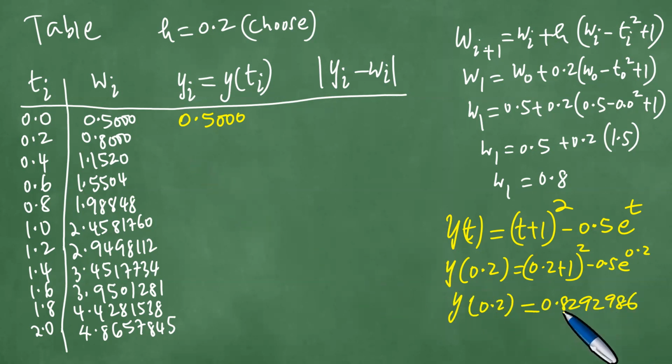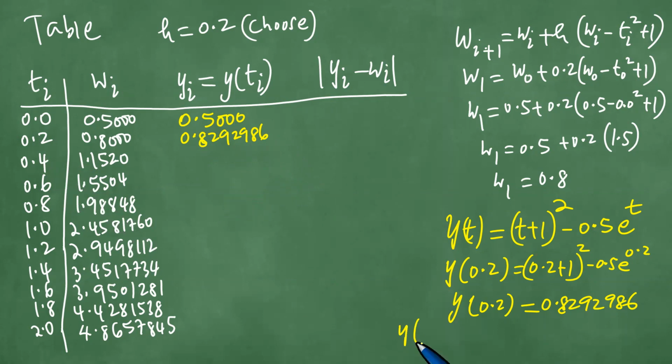So, okay. Yeah, you can just check that we use the calculator. This is 0.5. So yeah, you're going to have 0.8292986. And then now you're going to do the third one at 0.4.